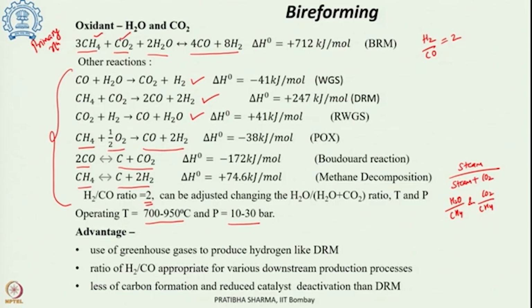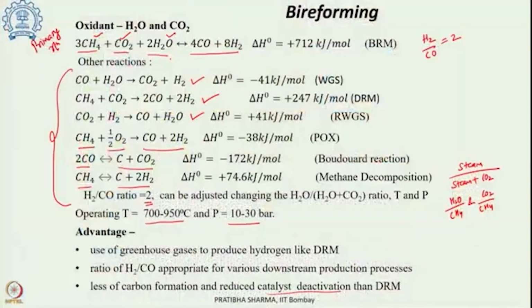Compared to the dry reforming of methane, here the carbon formation is comparatively less, and thus reduced catalyst deactivation will be obtained, because we are using steam in the process as an oxidant as well, and that reduces the coke formation in the entire process.